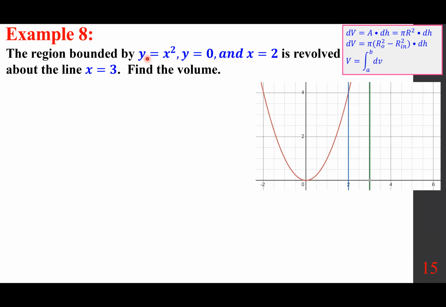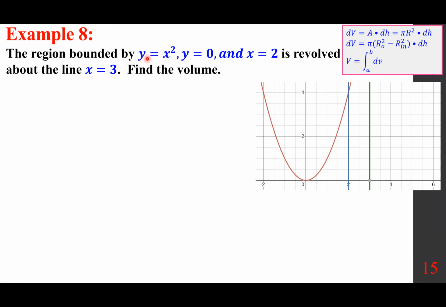That's why it's called the method of washers, and it follows dV equals pi times R out squared minus R in squared times dh. Now this disk goes up and down. So dh is dy. So R out and then R in. So just plug in.